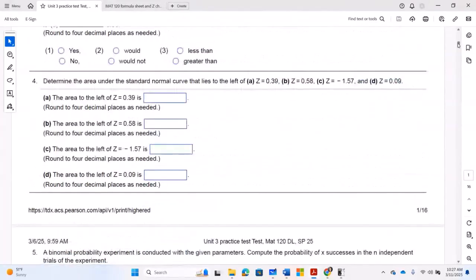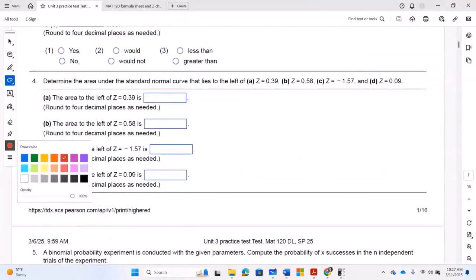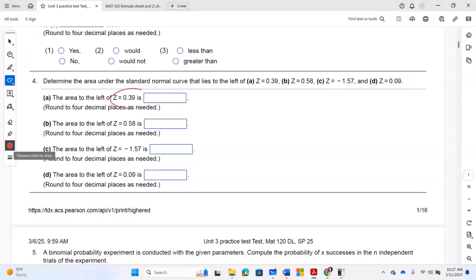Okay, so we will also be told to find, look at number 4, determine the area under the standard normal curve. So this time we are told to find the area under the standard normal curve when Z is, remember this question says area to the left. If it says area to the left, it means you have to find the area to the left. All of them are area to the left in this number 4.